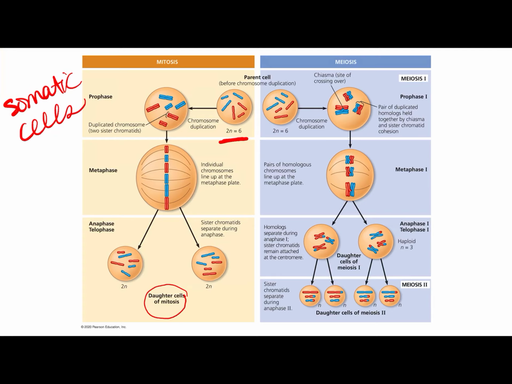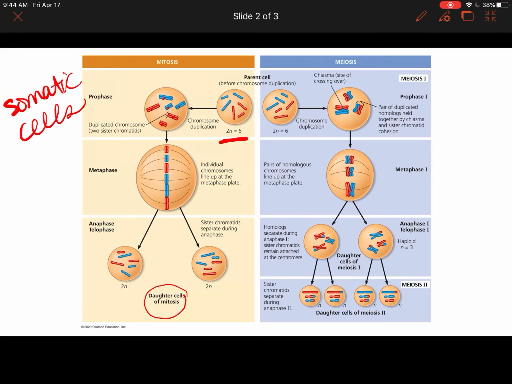Okay, so if we look at this parent cell prior to DNA replication and then after DNA replication, we see that we still have a diploid number of 6, again, because we have 6 centromeres. And we count chromosomes by counting centromeres. Each chromosome after DNA replication is a pair of sister chromatids.